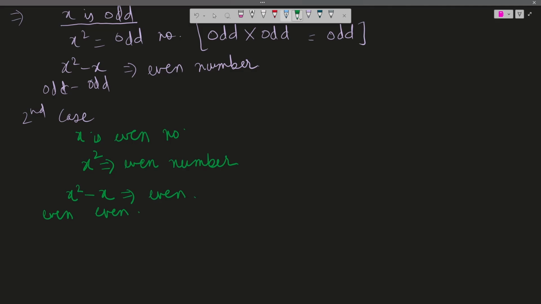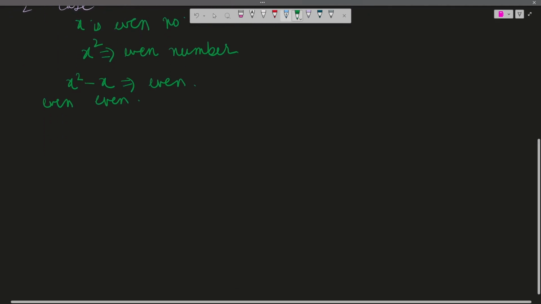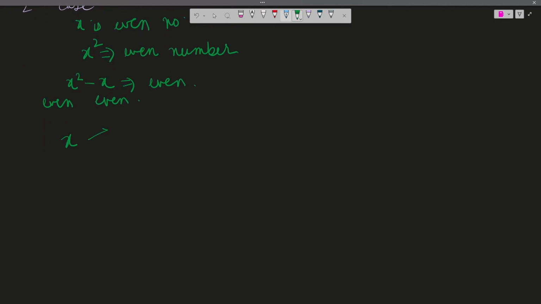That means irrespective of x being odd or x being even, the difference x square minus x will always be an even number.